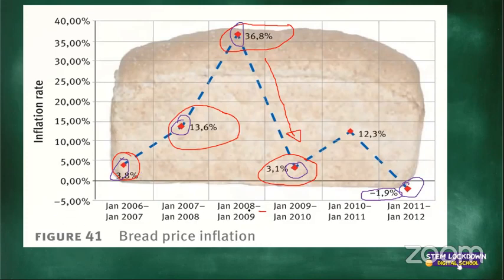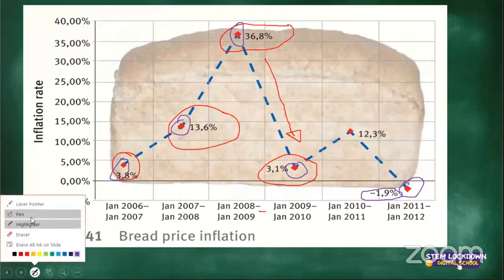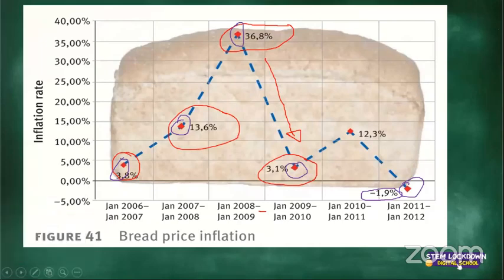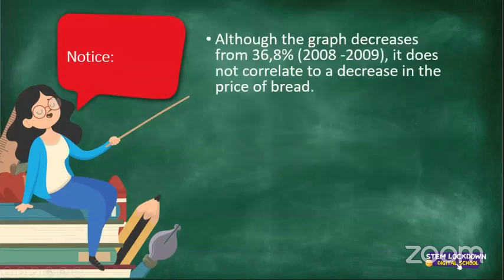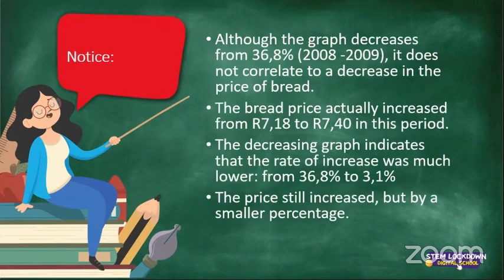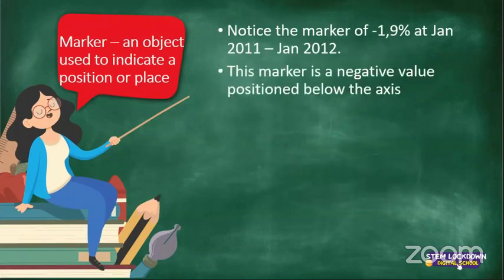But in this one in particular, we have a negative value to show that there was a decrease in price and also a decrease in the inflation rate. So that's how we can tell the difference between a decrease in price and an increase in price when working with the inflation rates. Where there was a decrease in price, you will see a negative value.